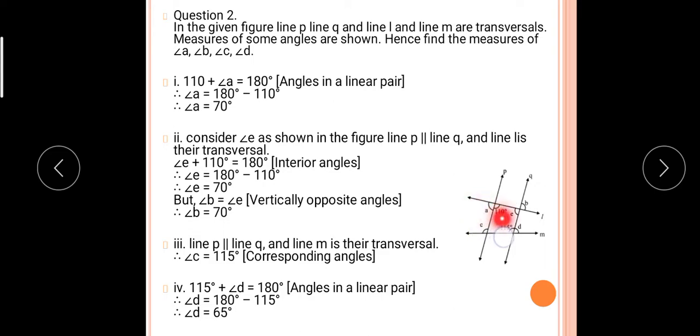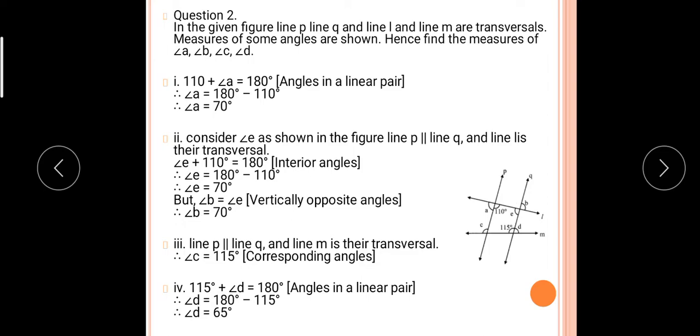Angle A with this angle 110 is a linear pair. Only P and Q are the parallel lines. L and M are the transversals. Okay students? So A plus 110 is equal to 180 because of linear pair, and therefore angle A is equal to 180 minus 110, which is 70 degrees.